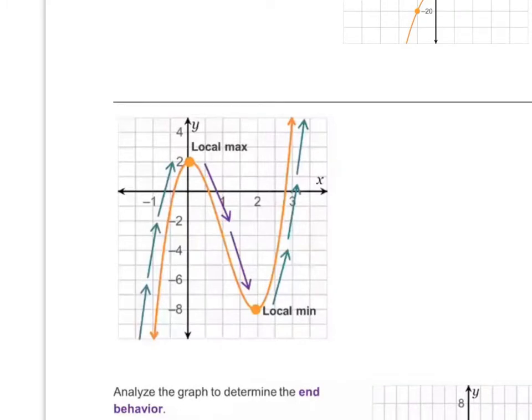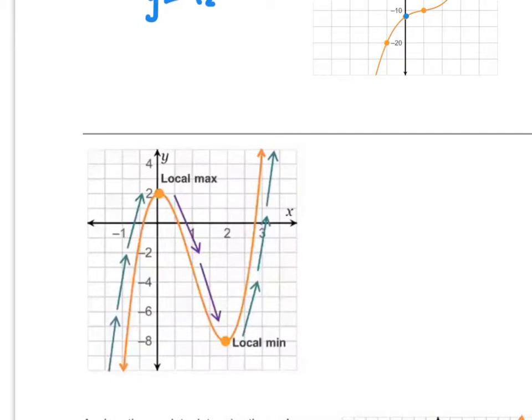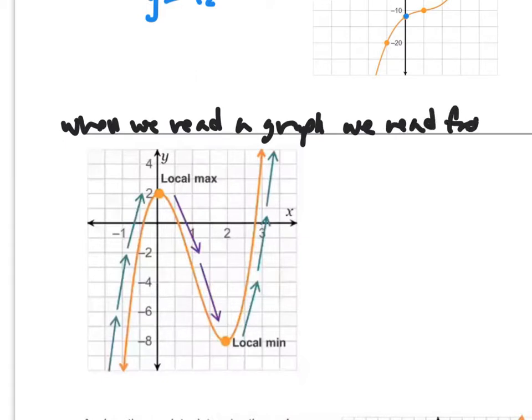Now I want to switch gears here and take a look at a graph and identify a few things, something that we need to be able to locate on a graph and read from a graph. When we read a graph, we read from left to right.